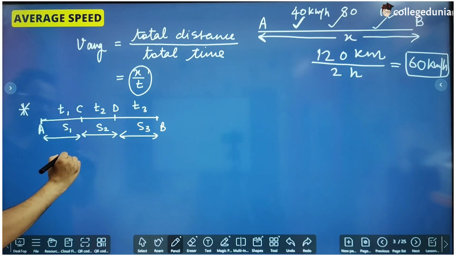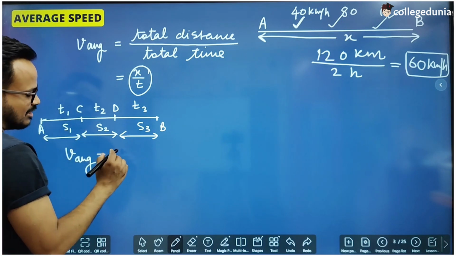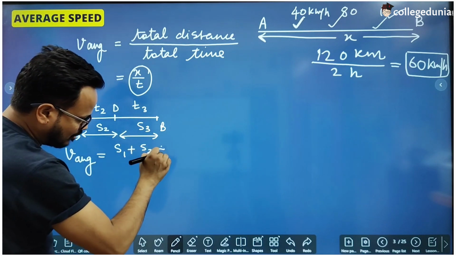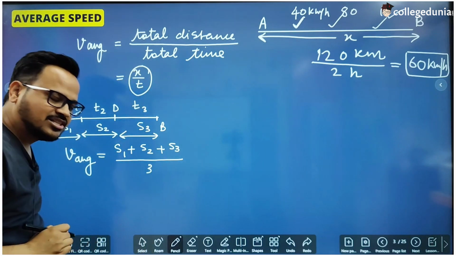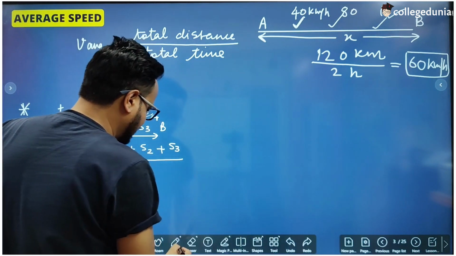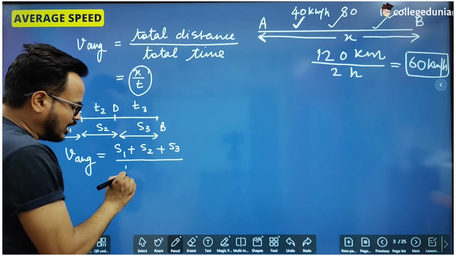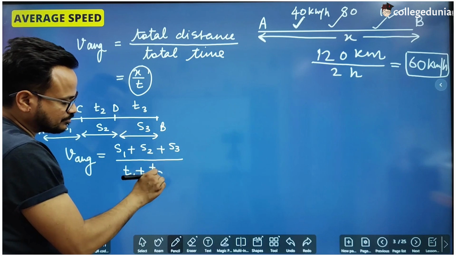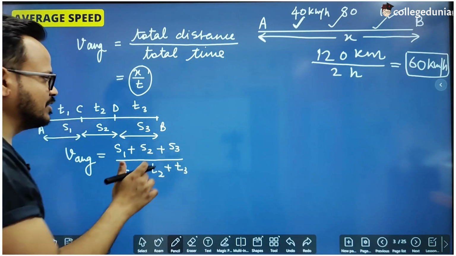So in this case, the average speed V average is the total distance traveled by the total time. Total distance is S1 plus S2 plus S3 and the total time is T1 plus T2 plus T3. So this will be the average speed, right?